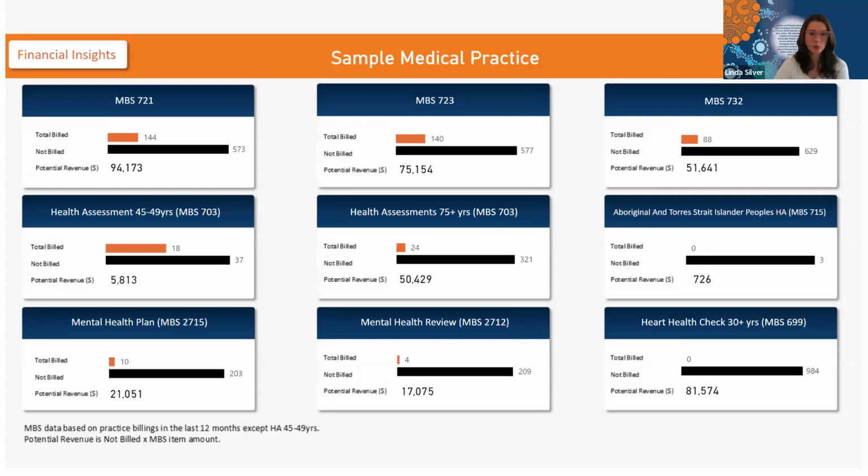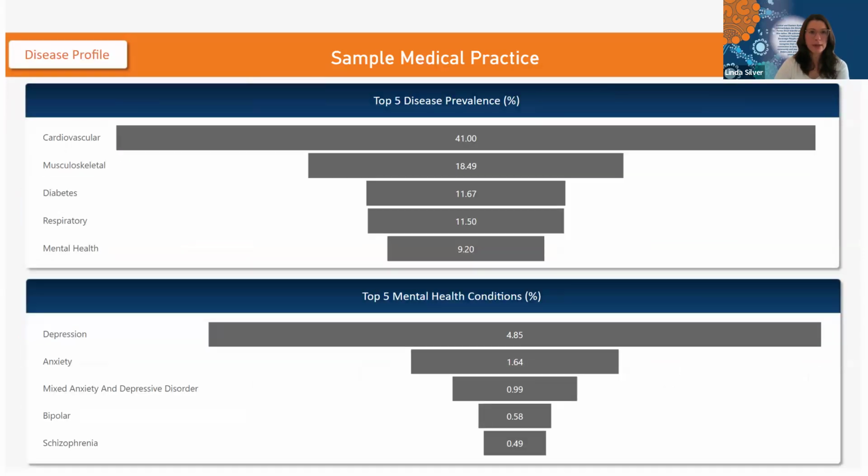And I'll move on to our last slide. So this slide is intended for practice owners and clinical leads, and to help them with overall planning and strategy for the practice. Please note that the percentages here will not add up to 100%.